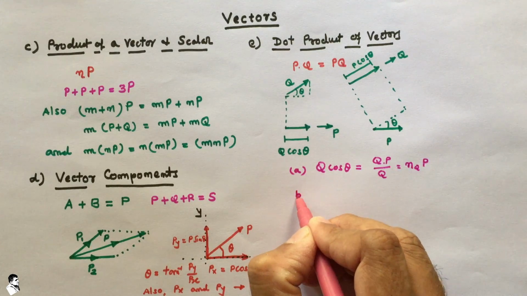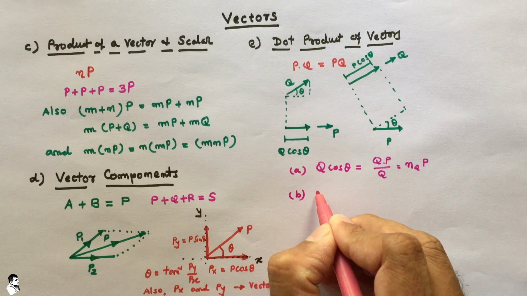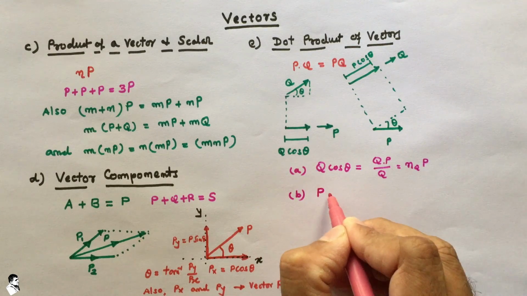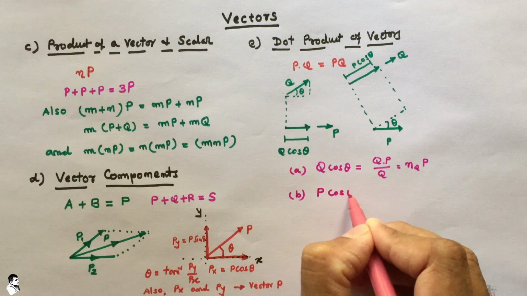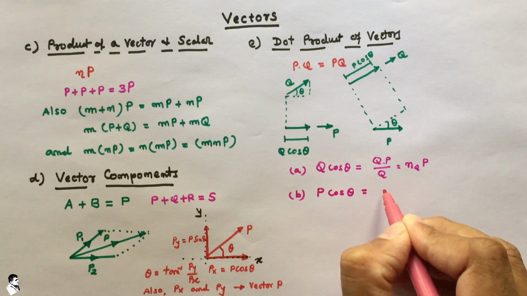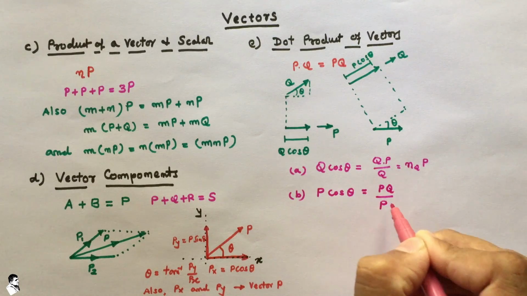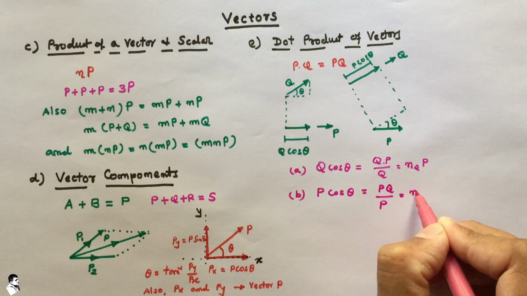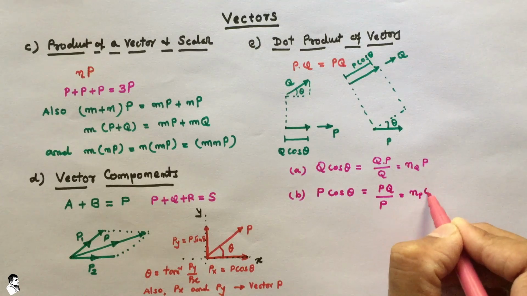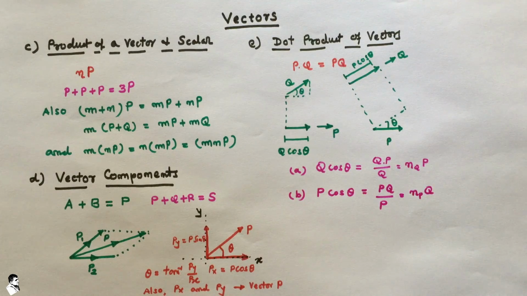And secondly, from the second part of the figure, p cos theta is equal to p · q divided by q, which is equal to n_q · p, where n_q and n_p are the unit vectors of q and p respectively.